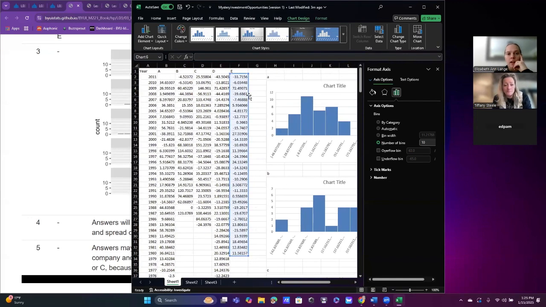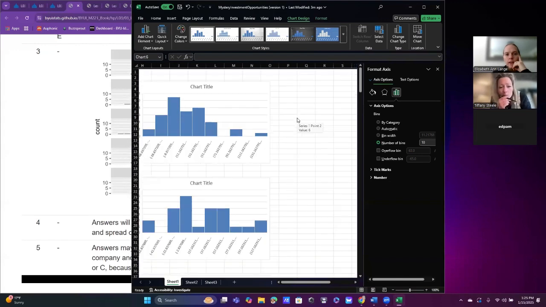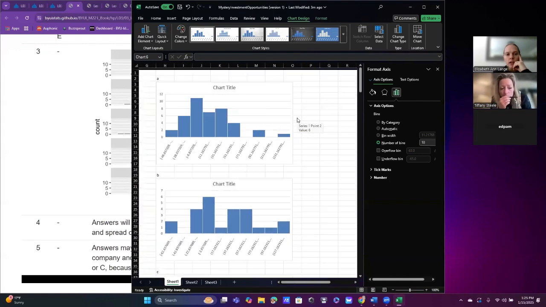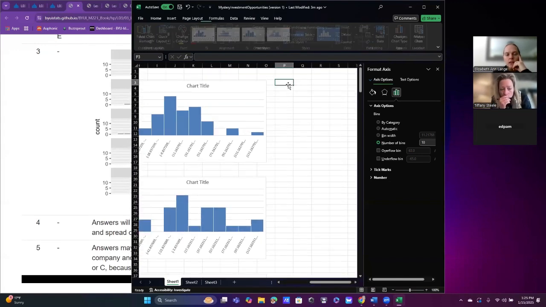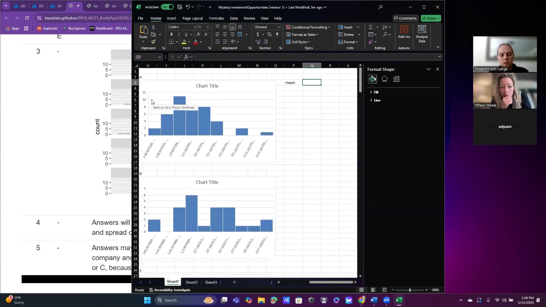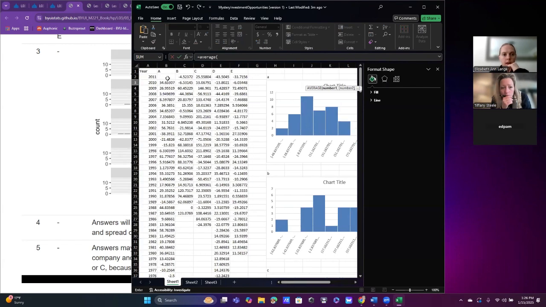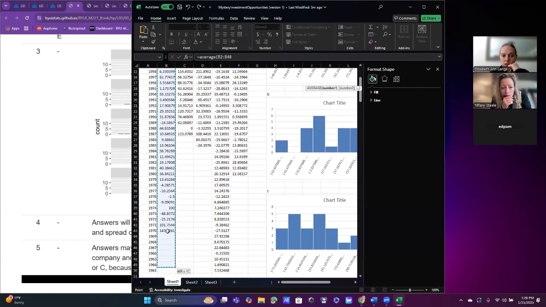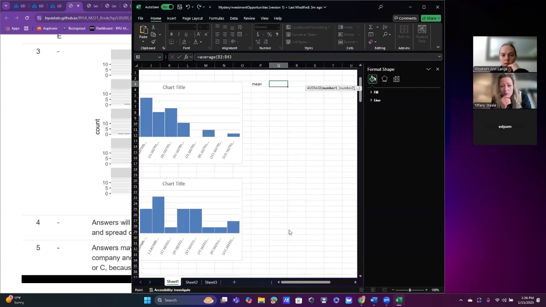So what we could do is, if I wanted to look at the mean for company A, I would average it out. And then I'm going to include that one because I'm assuming we're supposed to. Do you think it would affect it?